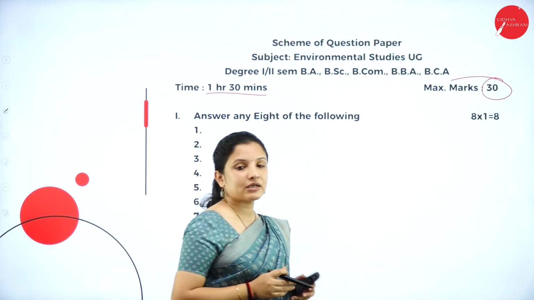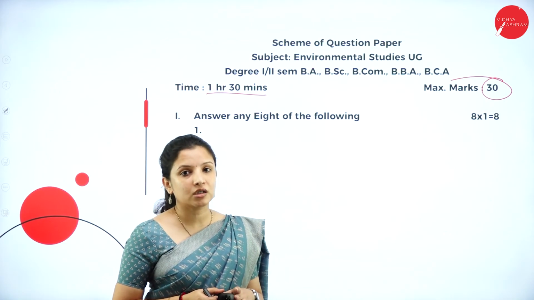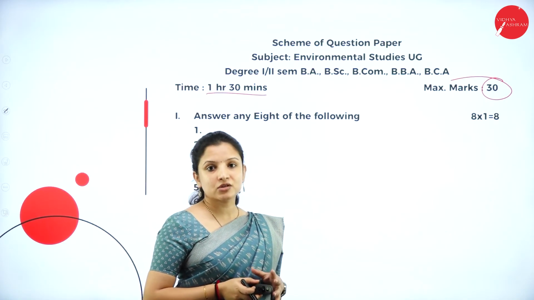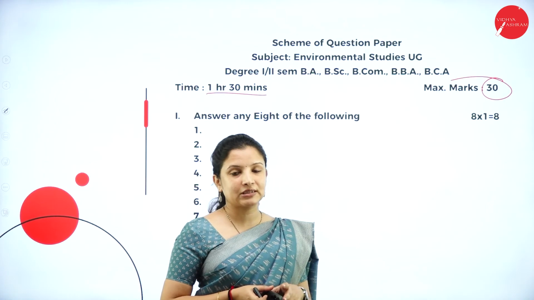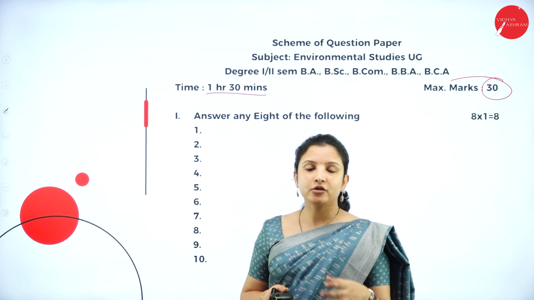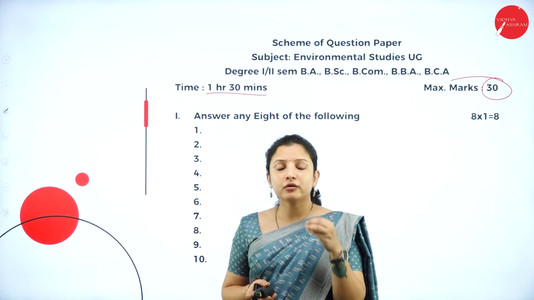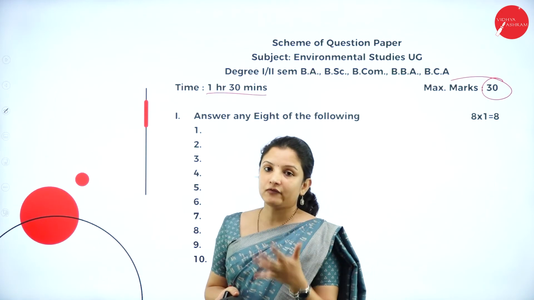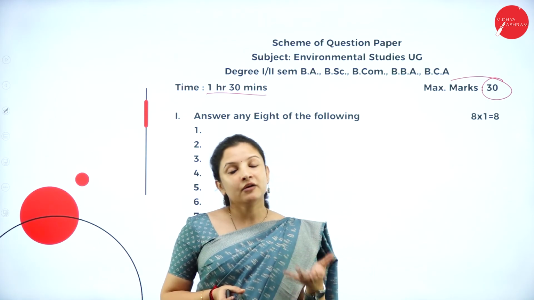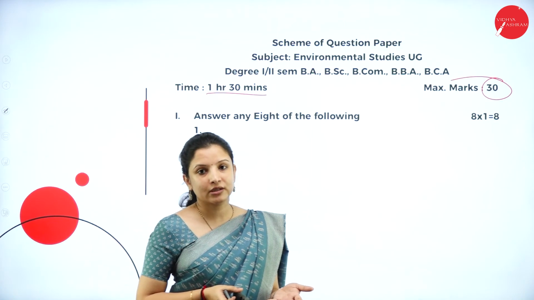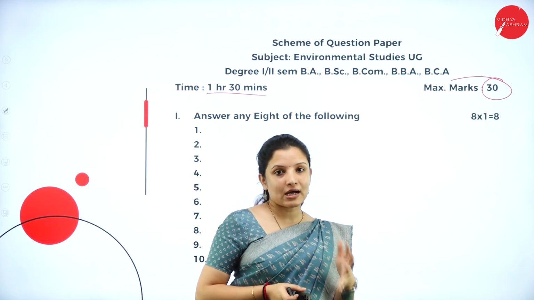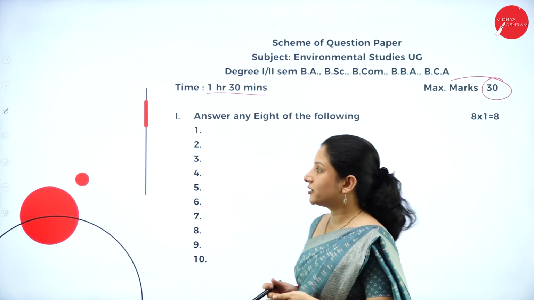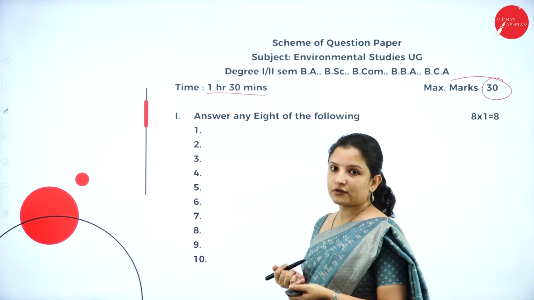Your environmental studies is just for 30 marks, and they usually ask straightforward, simple questions which, once you read, you can write on your own. If you attend classes and listen to the lecture, you can write your own answers. So it is very easy to score, and moreover it's just for 30 marks.